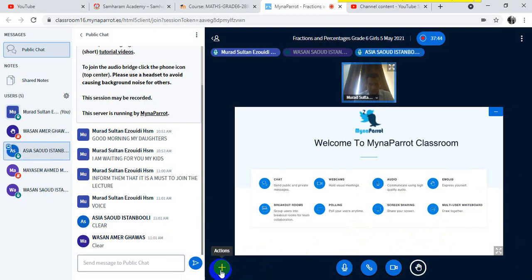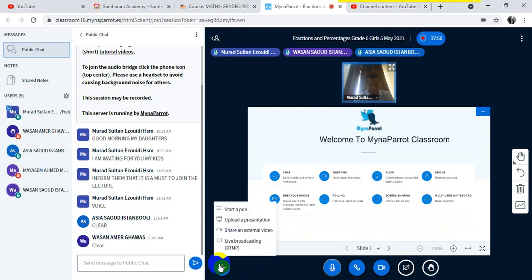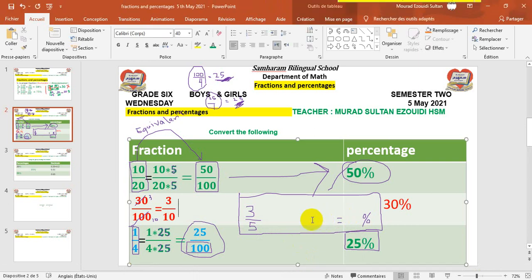Okay, now you are the presenter. Just a moment. I will go to the slide. This is the slide, my daughter. You can work on the screen, try to write something, or you can write or not. I can't see the screen.